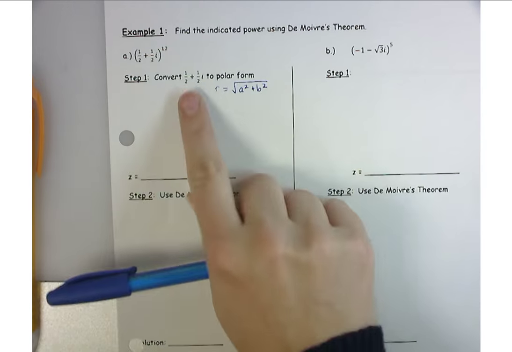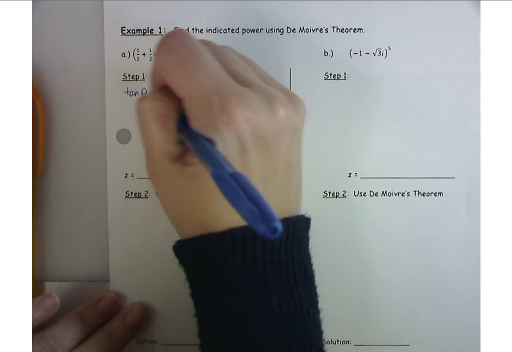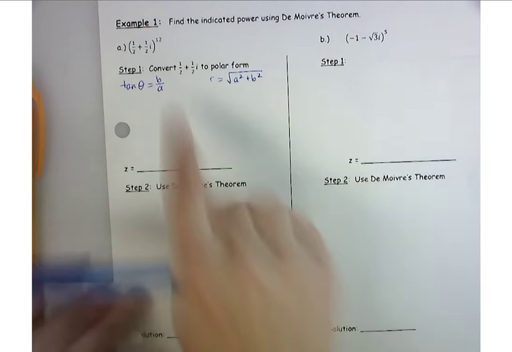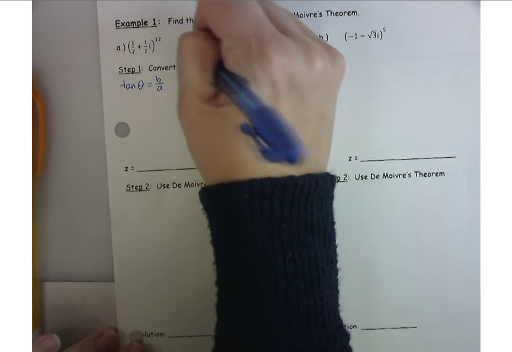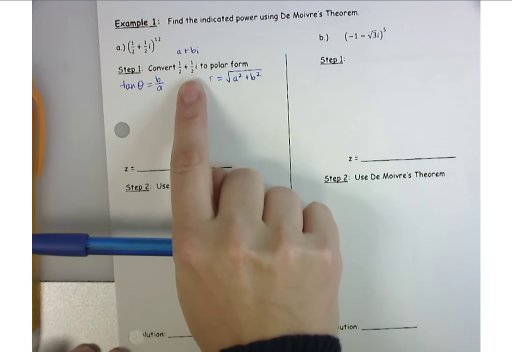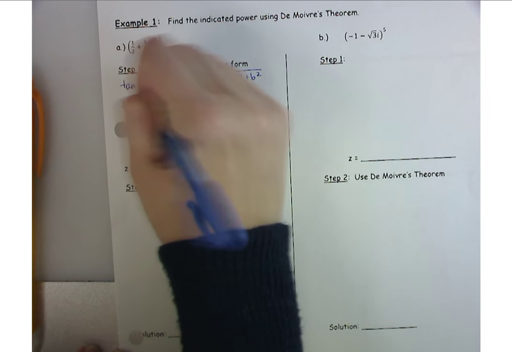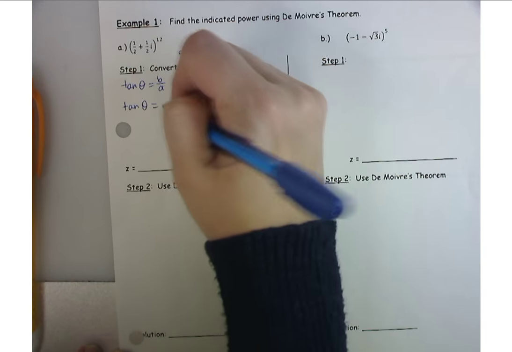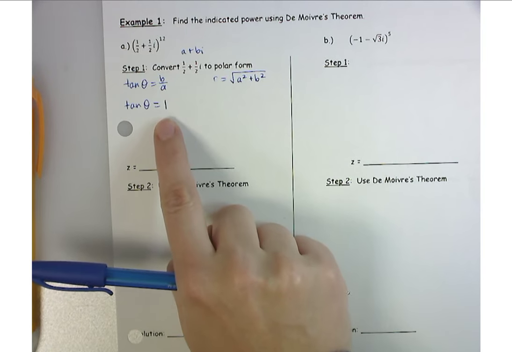And then we're going to use the tangent of theta equals b over a. Well, in this case, remember it's a plus bi. So my a and my b are the same. So if they're the same, then I just have the tangent of theta is equal to what? 1. 1/2 divided by 1/2 is going to be 1.